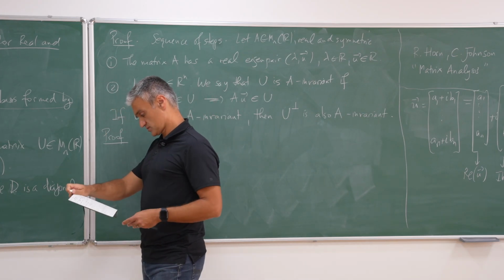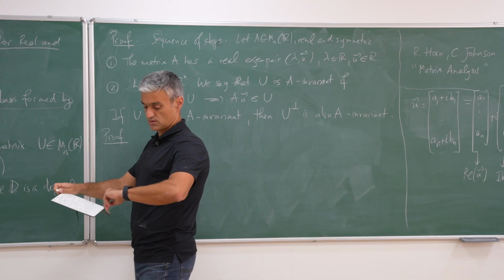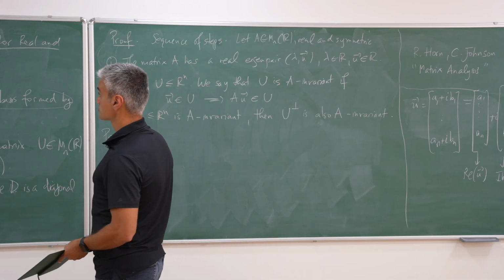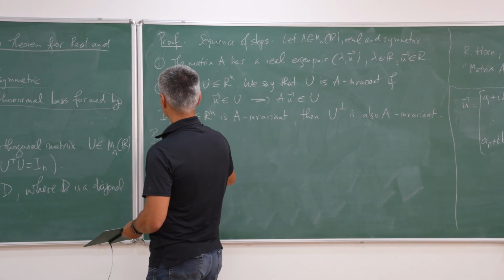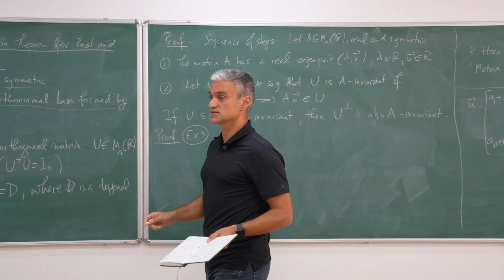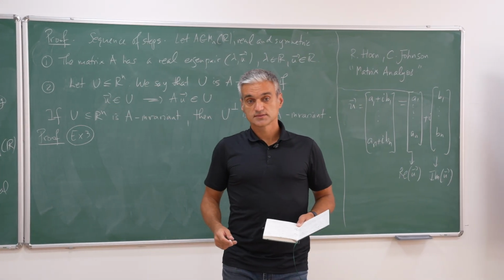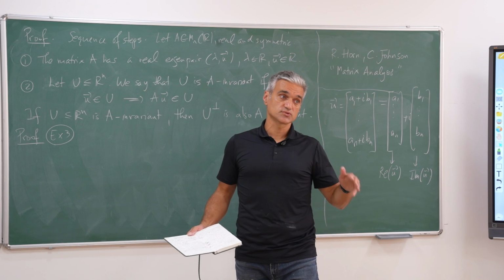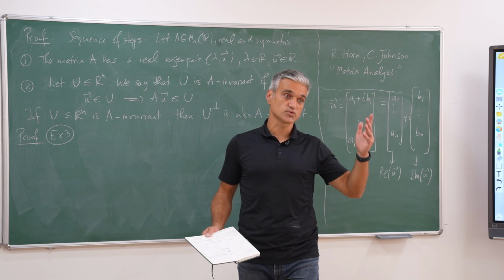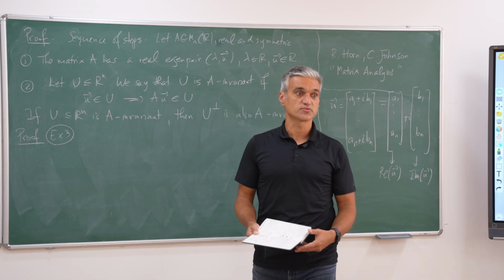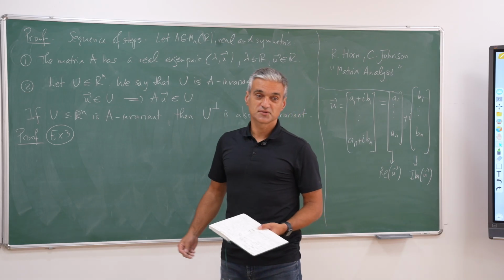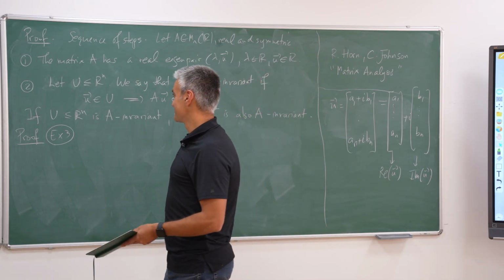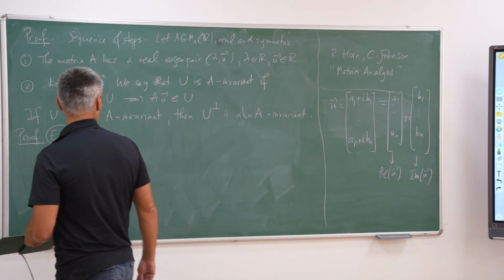Proof, exercise 3. In some situations when I get carried away with exercises, you can raise your hand and say, hey, can you prove it for us? Don't be shy about that.